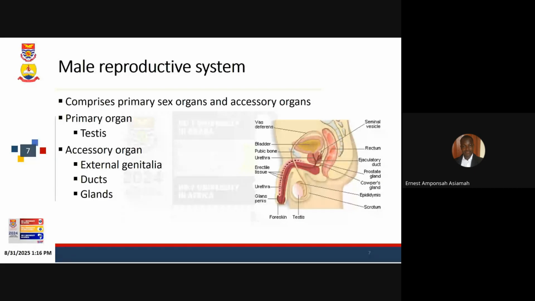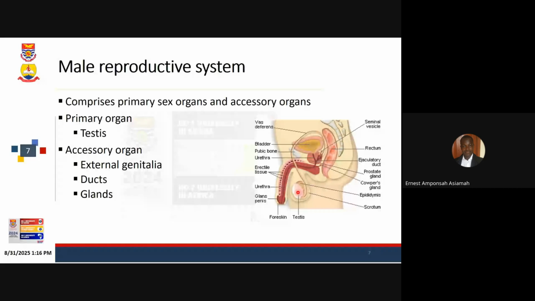In the male reproductive system, on the slide we have a side view of it. The primary organ is the testis, and the testis is housed in the scrotum.